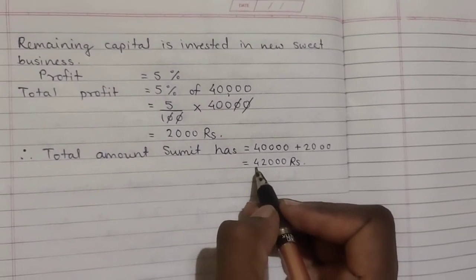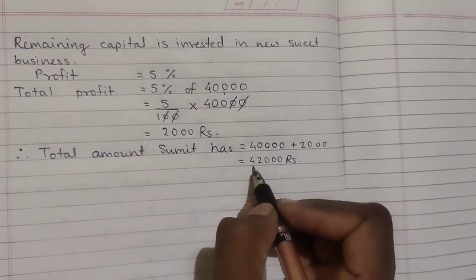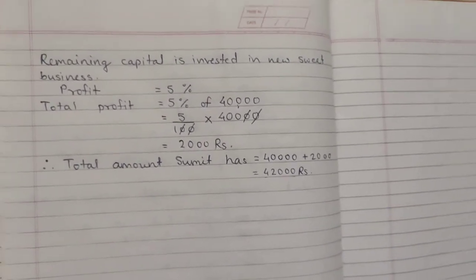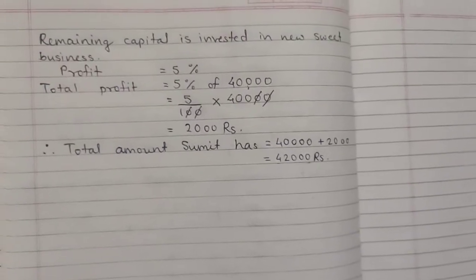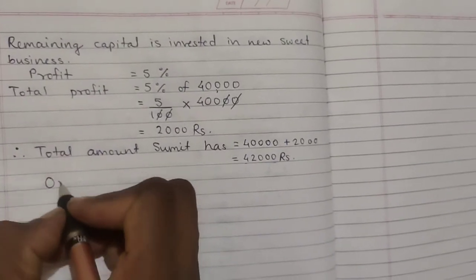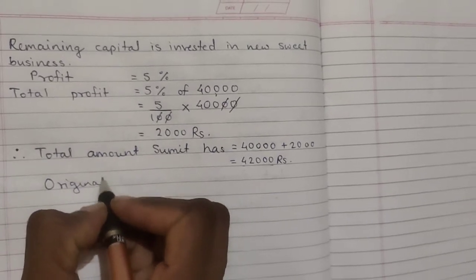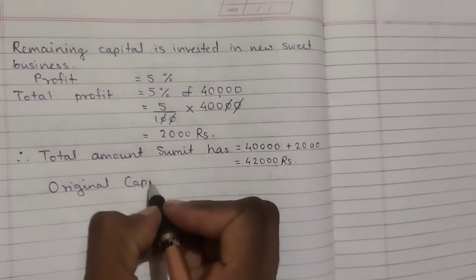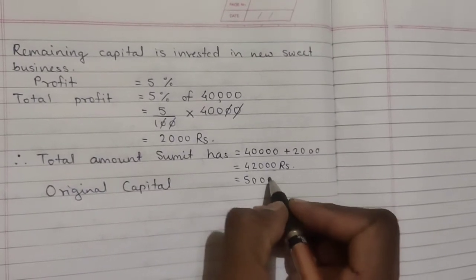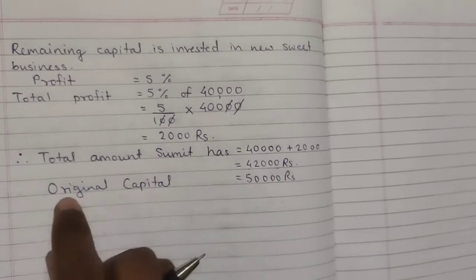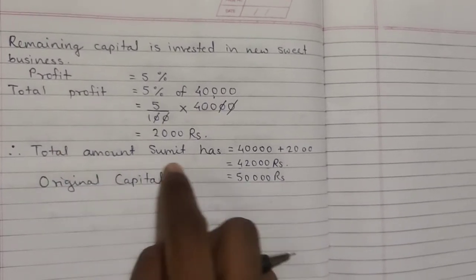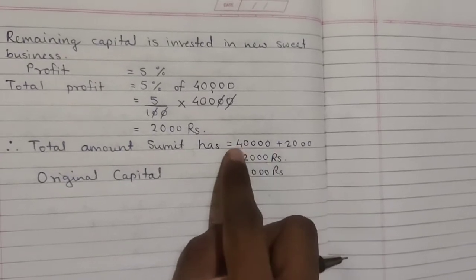Now see, after all this, he is having only 42,000 rupees, and earlier he was having 50,000 rupees. That is the original capital that we know, right? How much was it? 50,000 rupees. Earlier I have written this, same thing I am repeating here also. Original capital he was having 50,000, and after all this business he is left with 42,000.